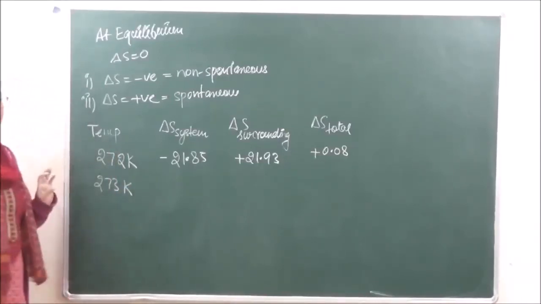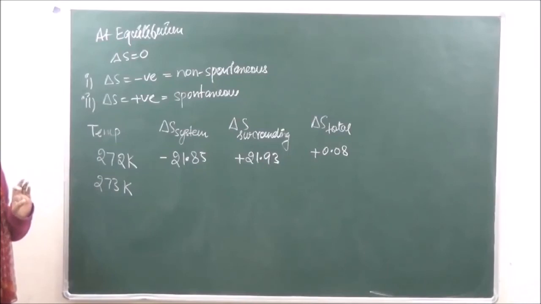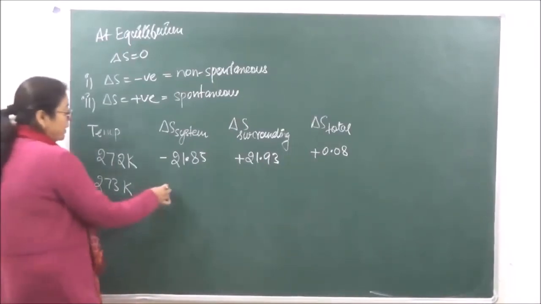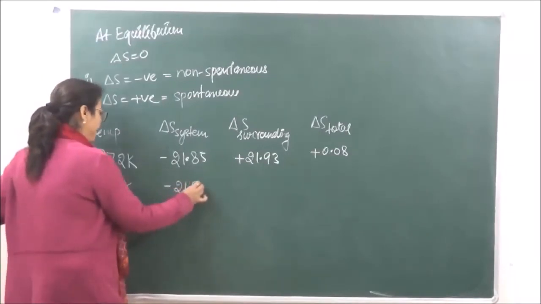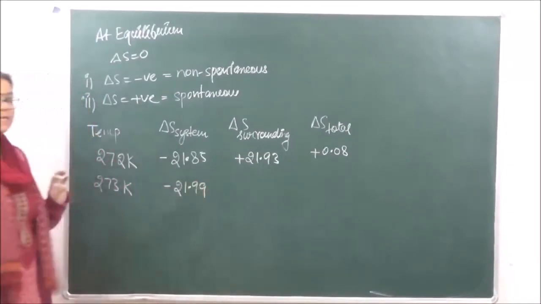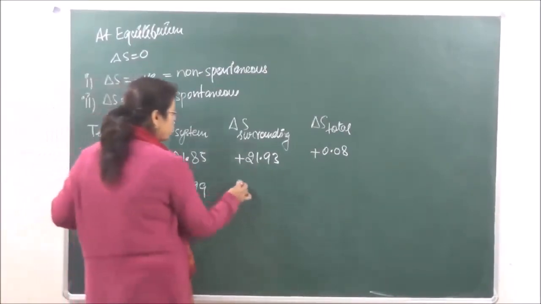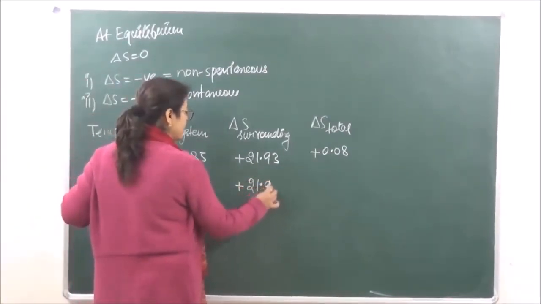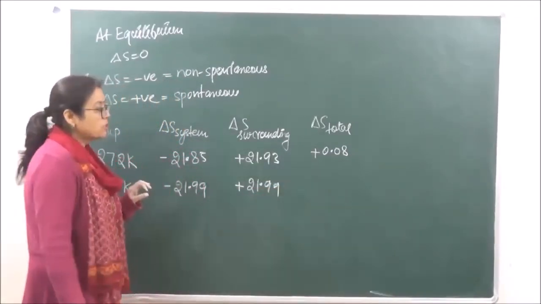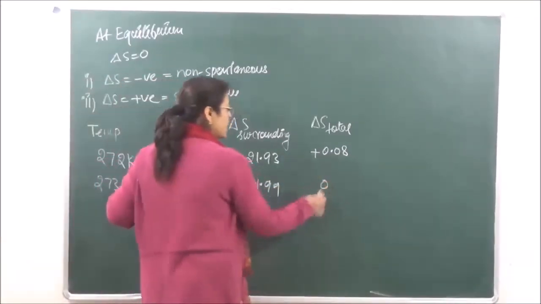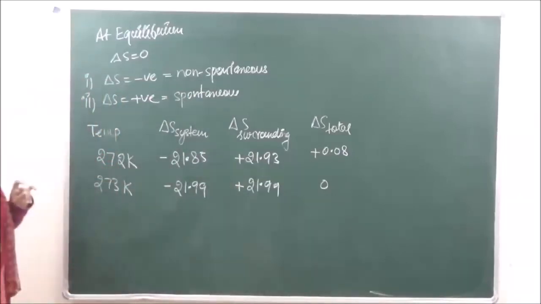Then we increase the temperature to 273. At this particular point, delta S of the system is equal to minus 21.99. So what is going to be delta S total? It will become equal to 0.